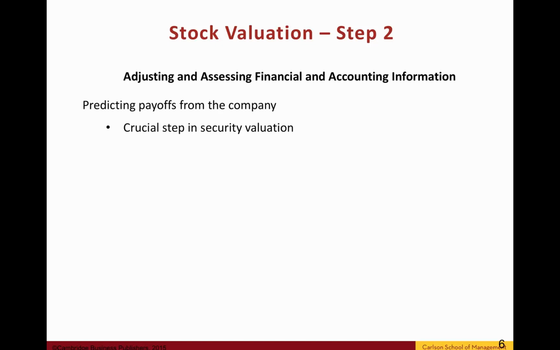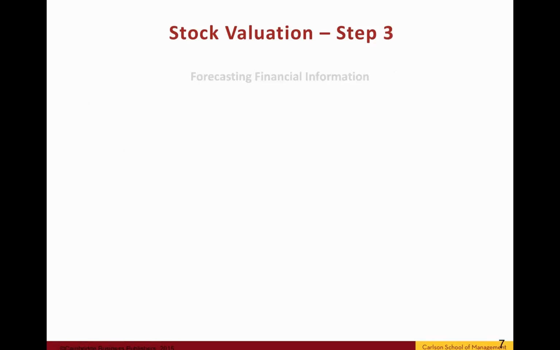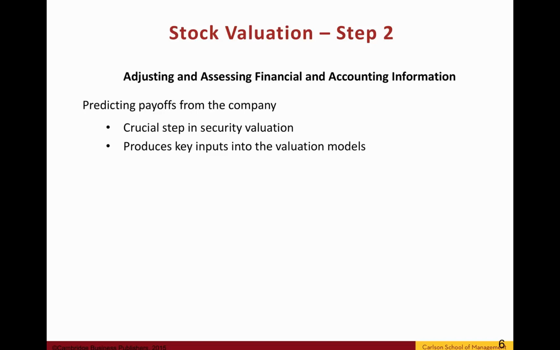Step 2 is adjusting and assessing financial and accounting information based on the inputs that we saw in step 1. So for example, a crucial step in understanding a company's security or stock valuation is making sure that the inputs that we put into our model are something that the company is likely to experience going forward.